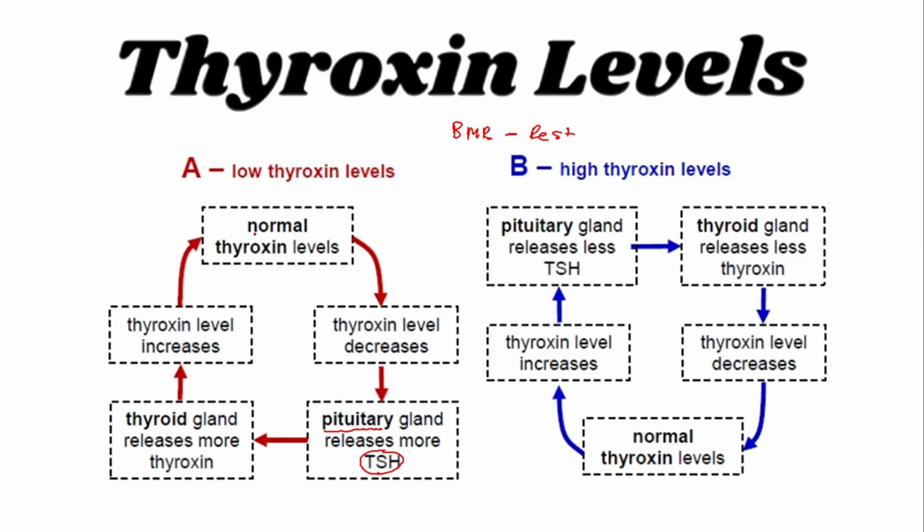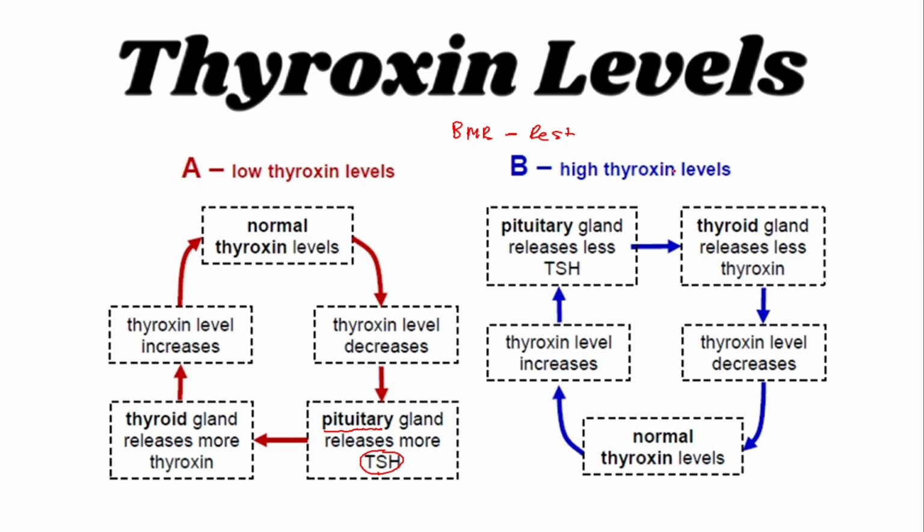Okay, so that's what happens. So normally iodine is the problem, so it means that you'll need more iodine so that your thyroid gland can secrete more thyroxine. Okay, and this is the opposite.